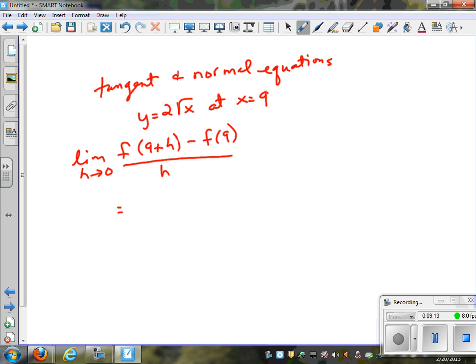So you're going to put in 2 times the square root of 9 plus h minus what? 2 square root of 9, which would be 6. So you're going to get 2 square root of 9 plus h minus 6.